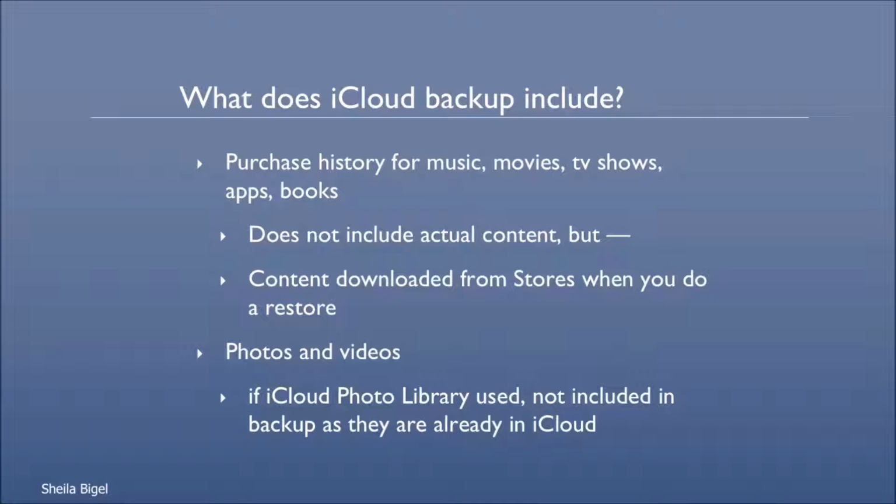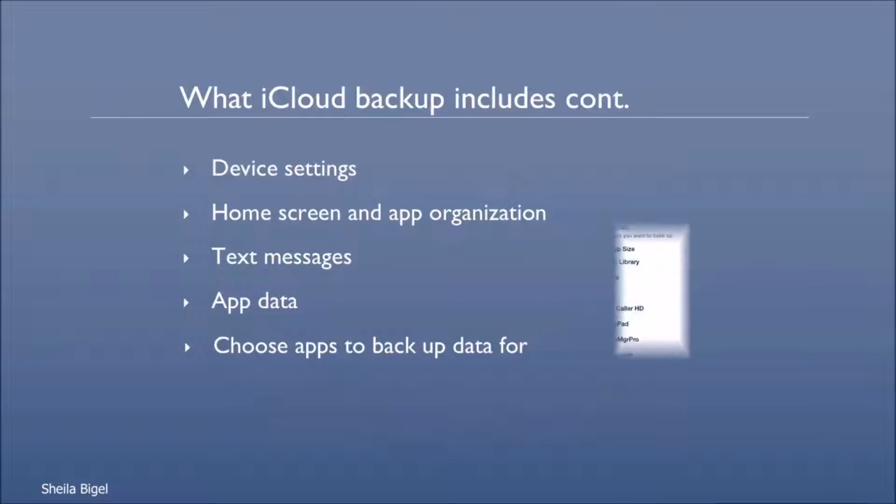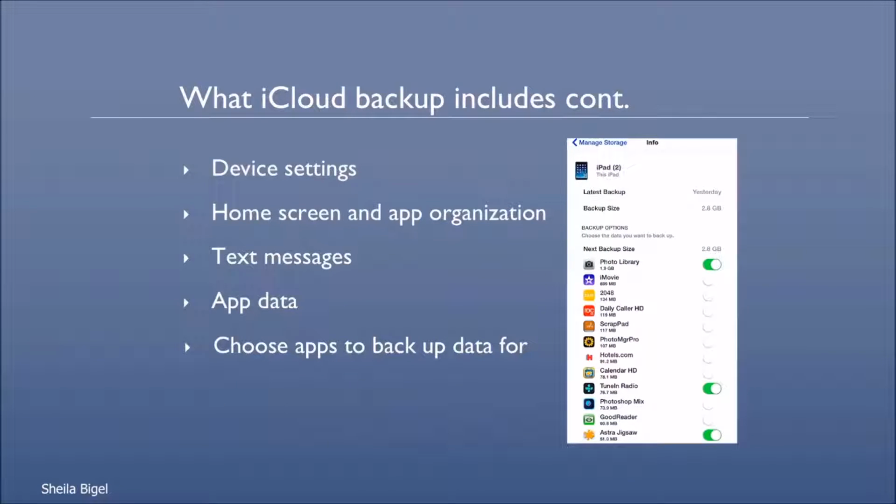Your photos and videos are also backed up unless you're using iCloud Photo Library, which we'll talk about later, because that already stores your photos in the cloud. In addition, your iCloud backup stores your device settings, your home screen and app organization, text messages, app data, etc.